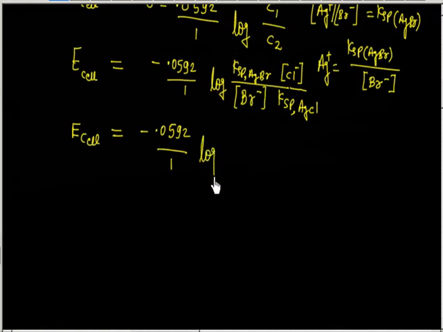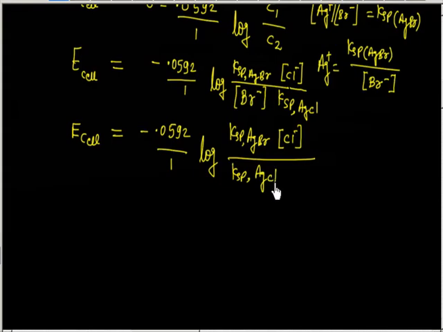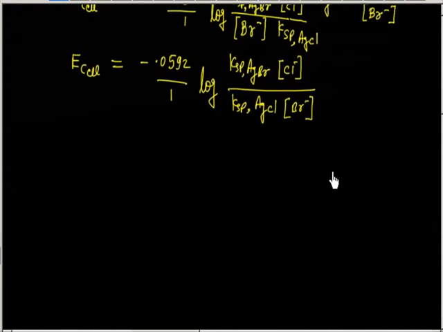Let me write once again: log of Ksp AgBr and concentration of Cl minus divided by Ksp AgCl and concentration of Br minus. Because E cell is 0, log is 0 only if this term is equal to 1.